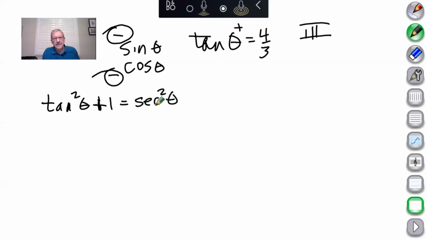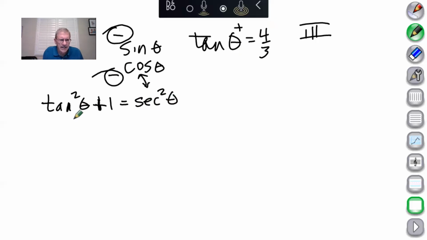How's that going to help us? Well, we know that the cosine and the secant are reciprocal buddies, so that might help a lot. Let's rewrite this a little bit. Well, we could actually just use it the way it is.